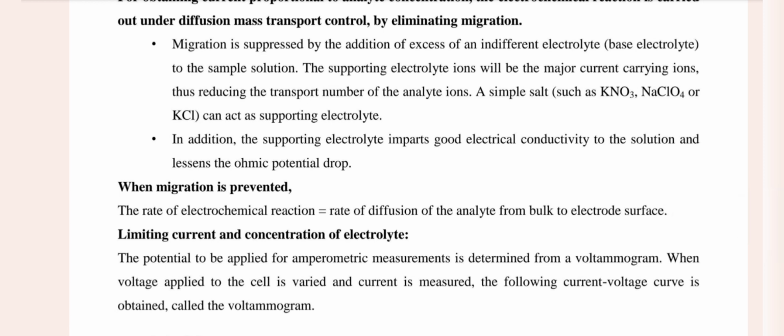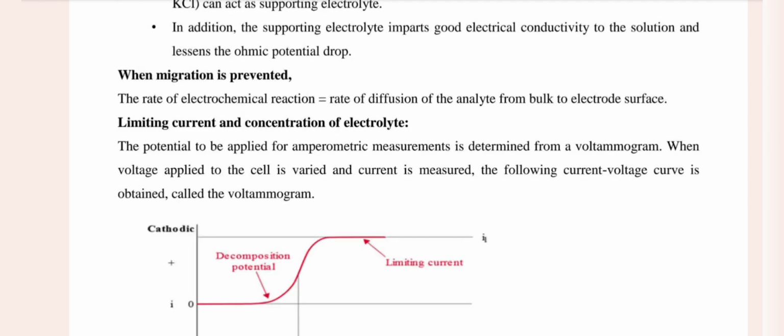When migration is prevented, the current produced is only through the diffusion process. Then the rate of electrochemical reaction is equal to the rate of diffusion of analyte from the bulk to the electrode surface, and thereby the current produced in the amperometric cell is directly proportional to the analyte concentration.